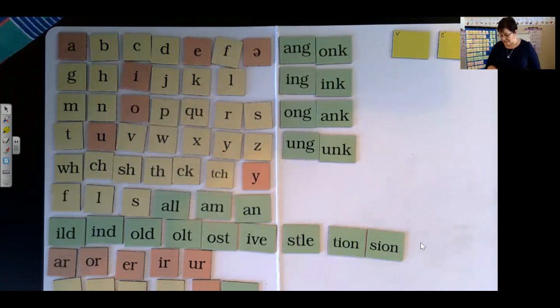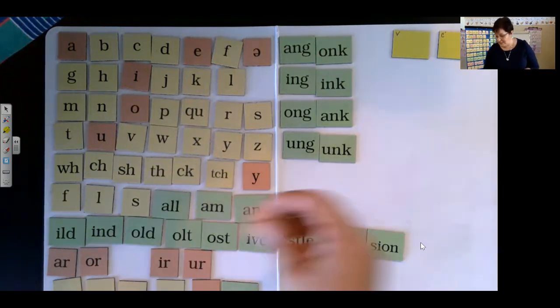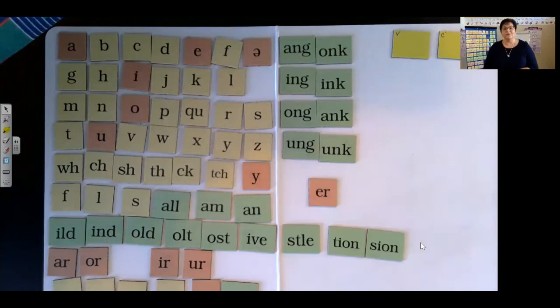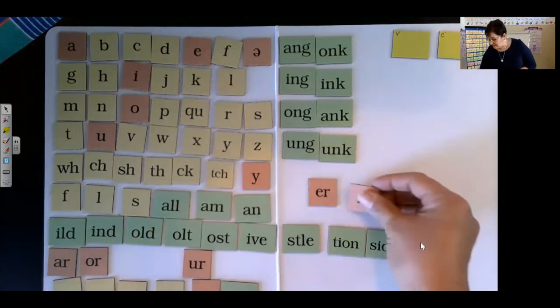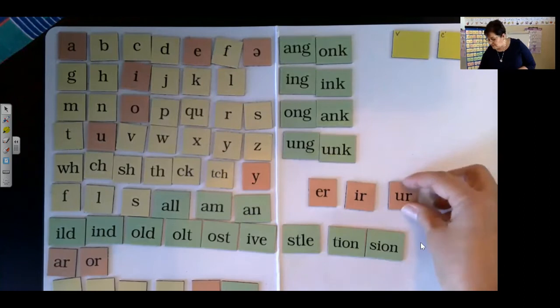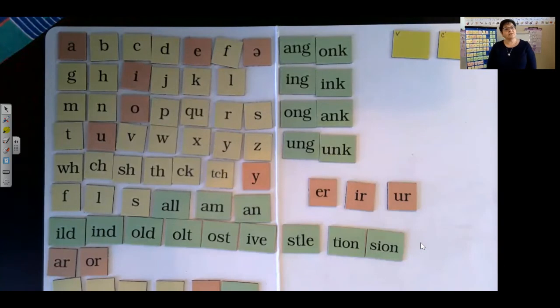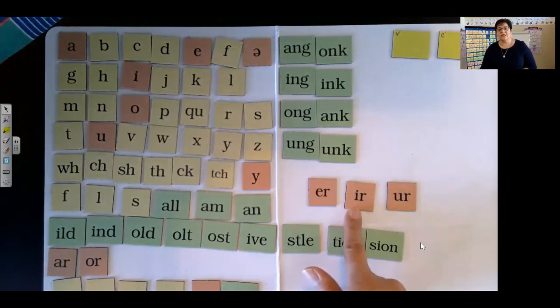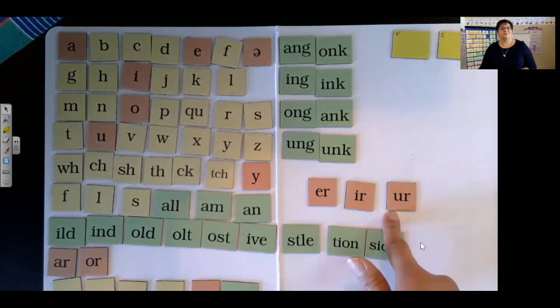So now we know that says We have ER. I'm going to put that right there. IR. So get yours, all of the tiles that say And what do we have? We have ER, IR, UR.